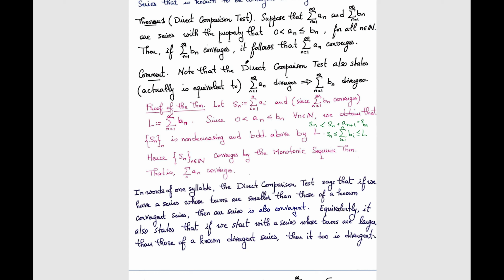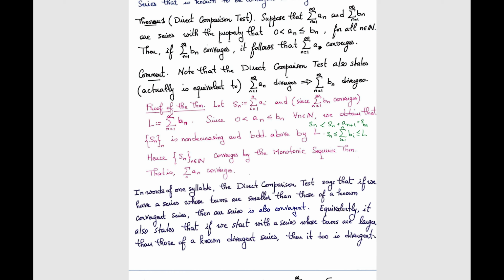Now, equivalently, the comment is saying, if we start with a series whose terms are larger, the Bn's, than those of a divergent series, the series An, then it too is divergent, right? This is what the comment is saying.